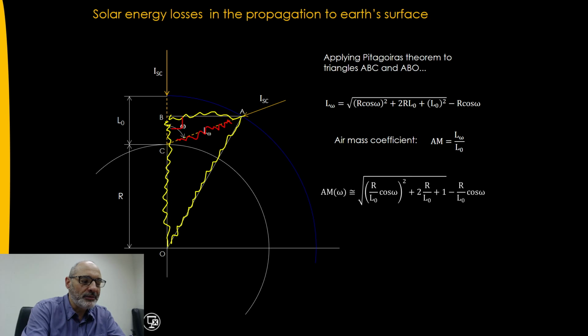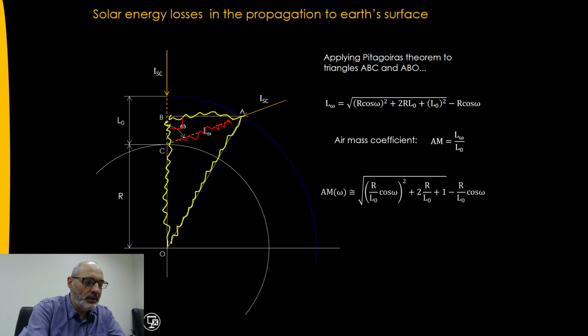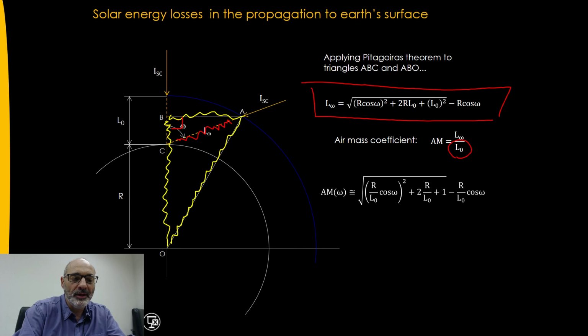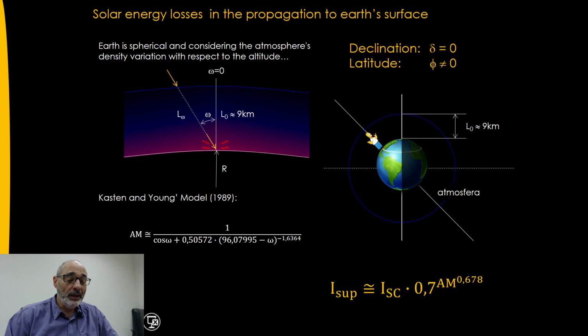So you know from the geometry classes you have two right triangles, and you can use this formula here for L omega. If you divide by L0, you get the corresponding formula that was in the previous slide for the air mass coefficient. So it's very simple.